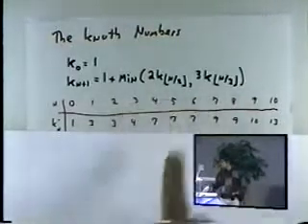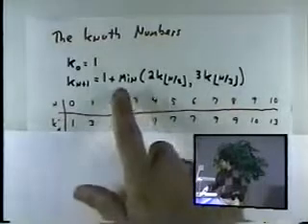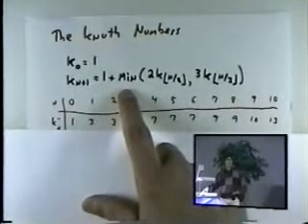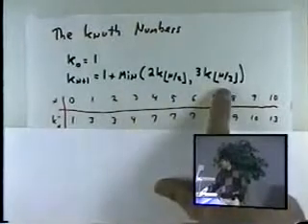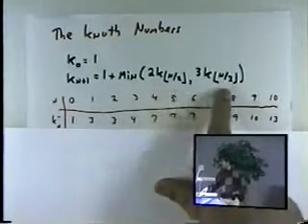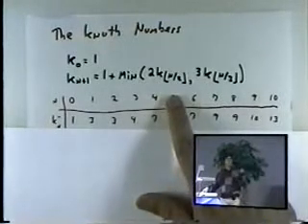This is a sort of ugly-looking recurrence for a couple of reasons. First of all, you've got a min in there, which makes it look like it's harder to deal with. Then you've got these floors in here. Is it possible to drop the floors and get a rough idea of what's happening in this particular function?